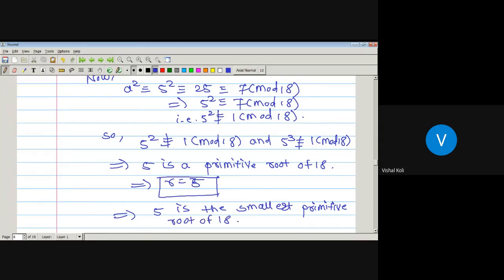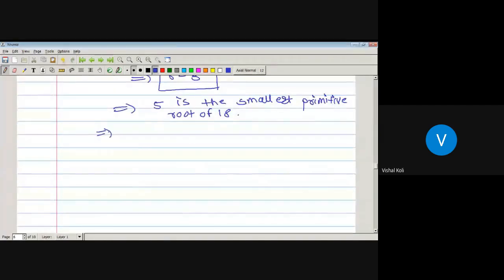As here we get the values of r, a and n, which implies r is equal to 5, a is equal to 17 and n is equal to 18.